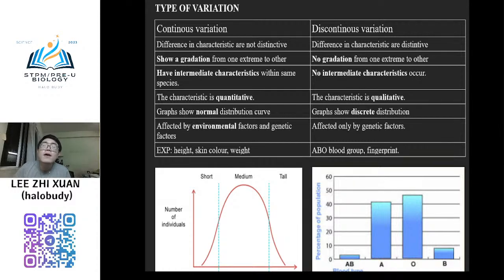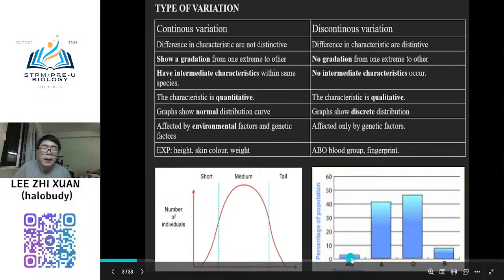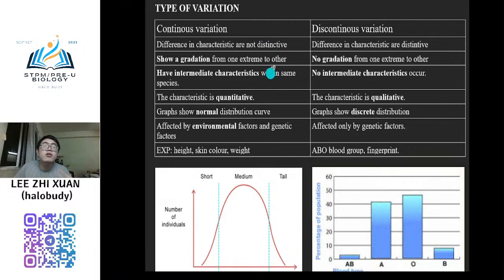So normally with continuous variation, you can see that the difference in characteristic is not distinctive, and discontinuous is distinctive, meaning that you can directly differentiate them. Like A, B, and A, totally different. But for non-distinctive, you cannot say, just for example, how do we define tall? Is it 170 cm we know as tall, or 180?